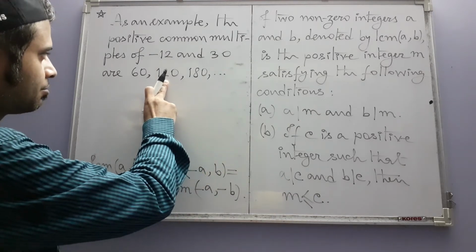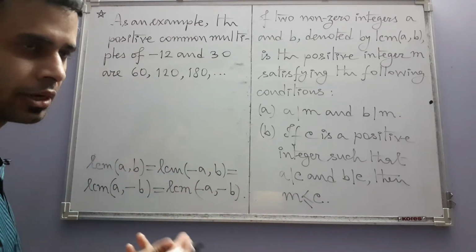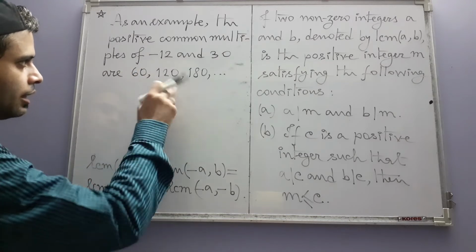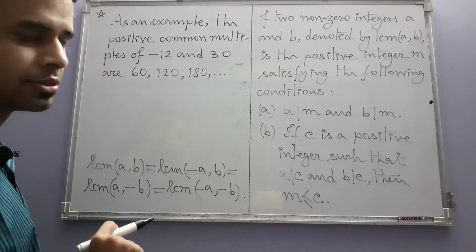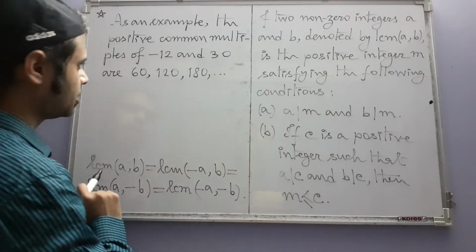In fact, if you multiply a common multiple by any integer, you get another common multiple naturally. For example, here you multiply this common multiple by 2, you get another larger common multiple. So it will continue to go just like this without any bound.